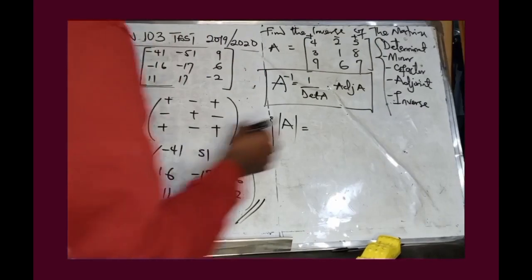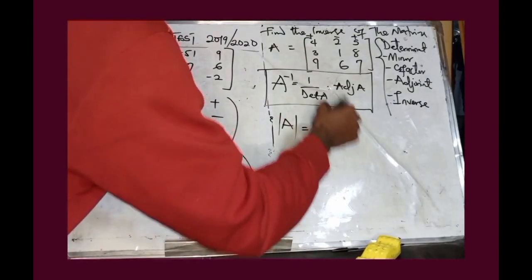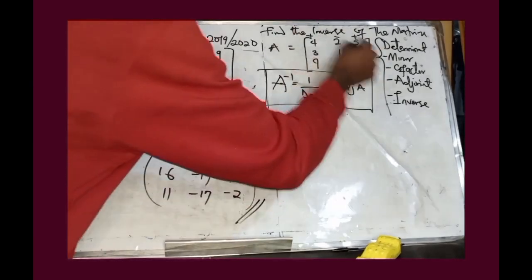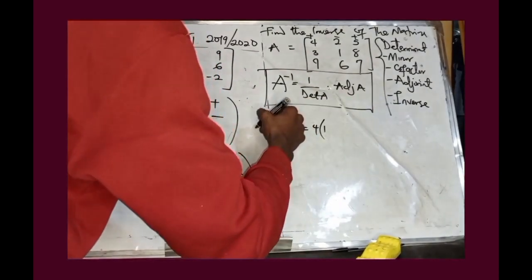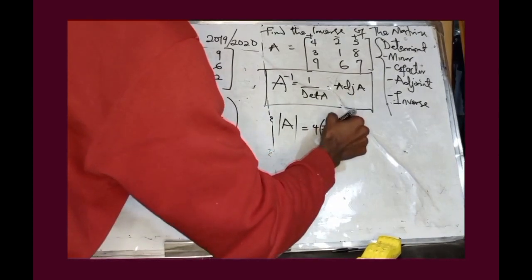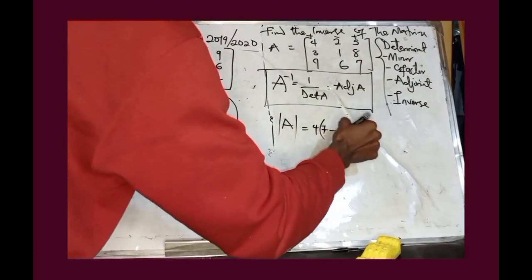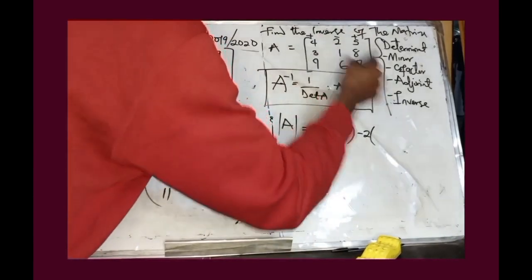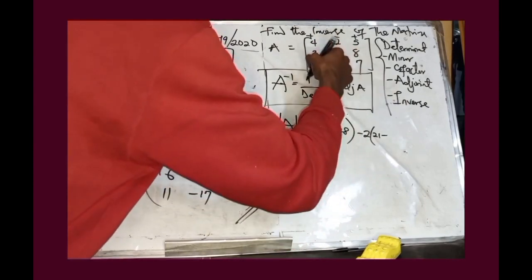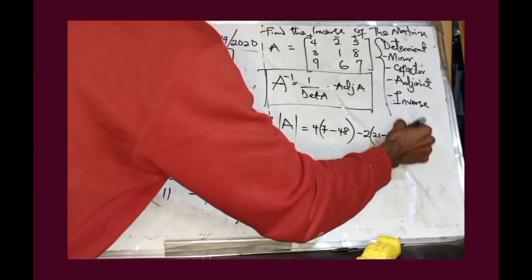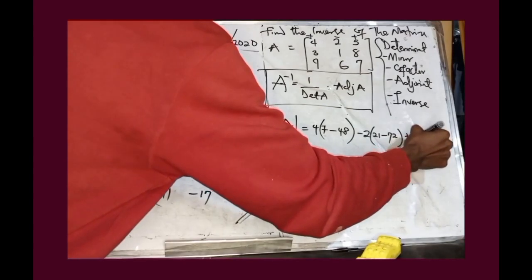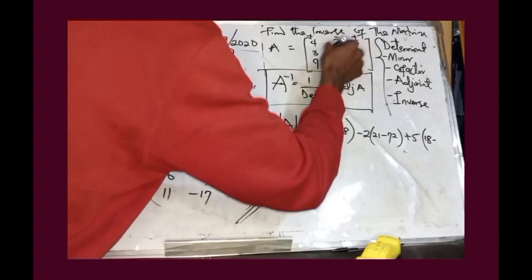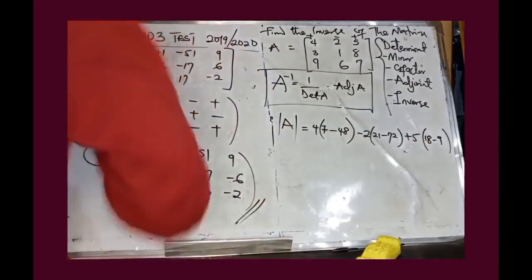So I have 4, open brackets, 7 times 1 minus 8 times 6, which is 7 minus 48, then minus 2, open bracket, 3 times 7, which is 21, minus 8 times 9, which is 72, then plus 5, open bracket, 3 times 6 is 18, minus 1 times 9 is 9.